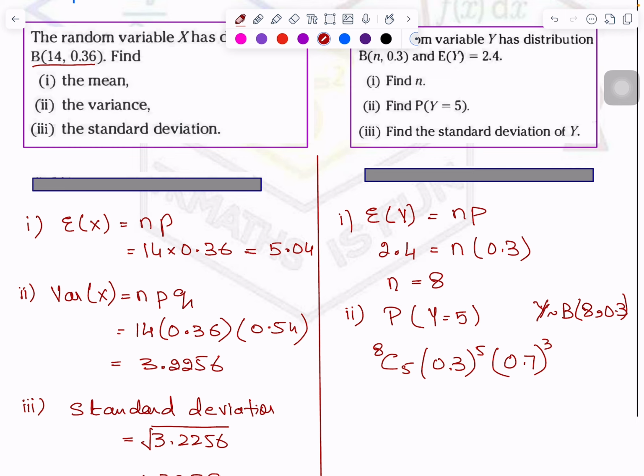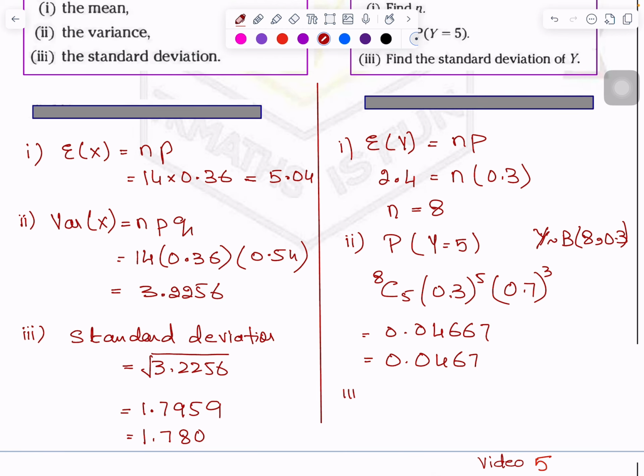So you can apply it in the formula on the calculator. 8C5 into 0.3 power 5 into 0.7 power 3. So your answer is 0.0467 in 3 significant figures.